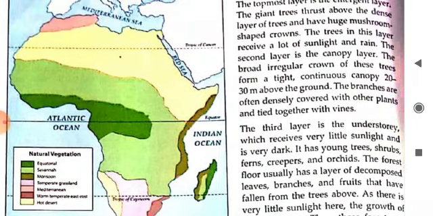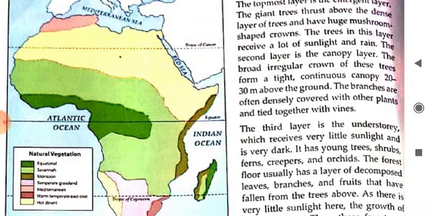Next type, hot desert or tropical desert type. Look at the yellow zone. Climate. Summers are hot and winters are cool in the hot desert regions. The daily as well as annual range of temperature is high.